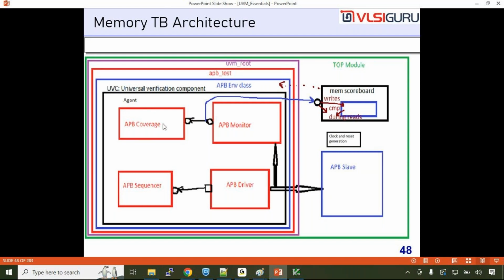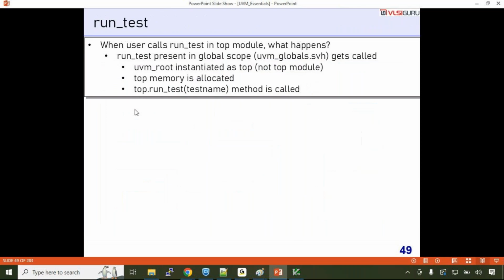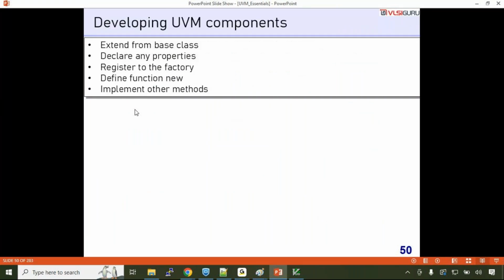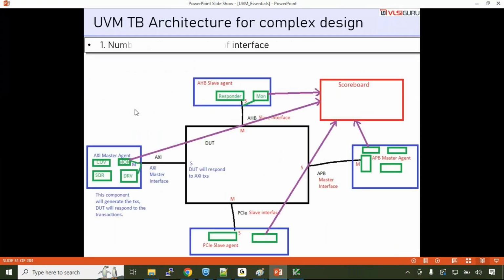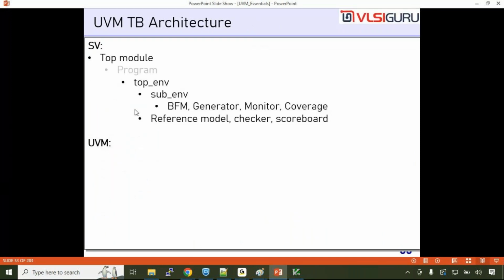You see, it is very similar to SV test bench, with some differences. Let's now focus on understanding what the differences are.